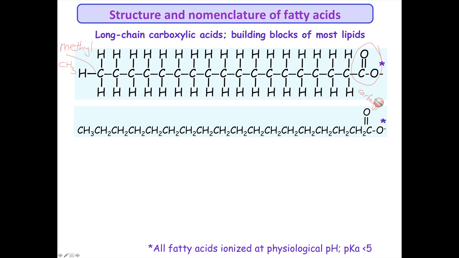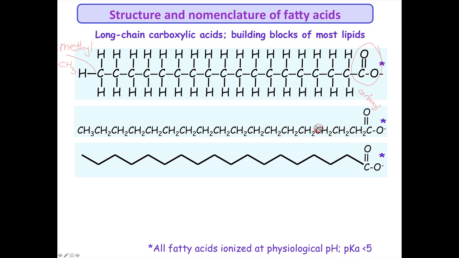Alright, so here we have a fatty acid. In the one above, we showed all the individual bonds, all the bonds between the carbon and the hydrogen and so on. Or you could write it this way, where you just put CH2, CH2, CH2 until you come to the methyl end, which is CH3. So you could write it as either one.